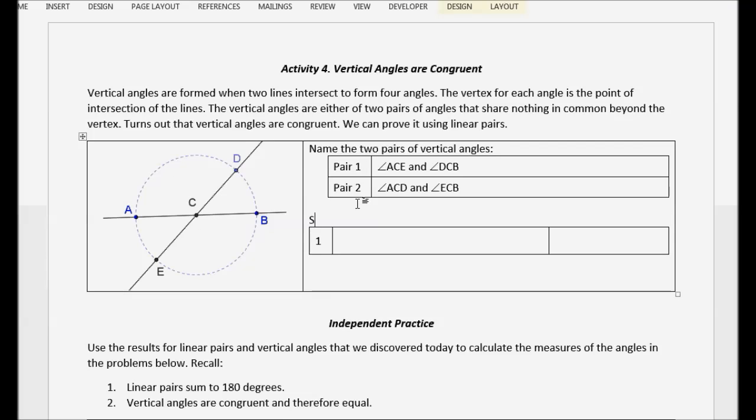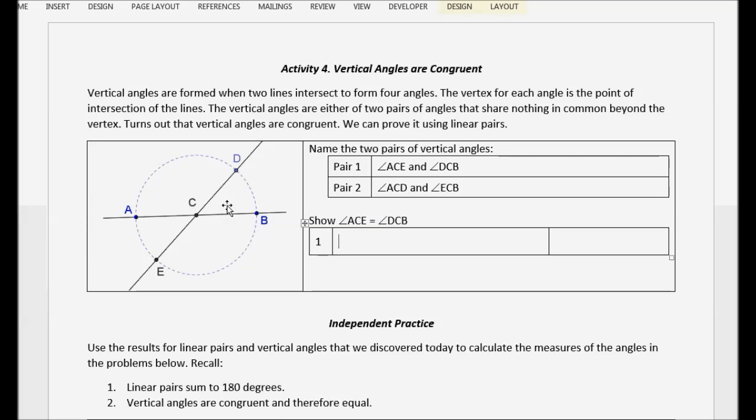So let's start with that first statement. Show that angle ACE is equal to angle DCB. We begin by doing a linear pair. See, we want to build a connection. We want to find some way of making these two angles equal.